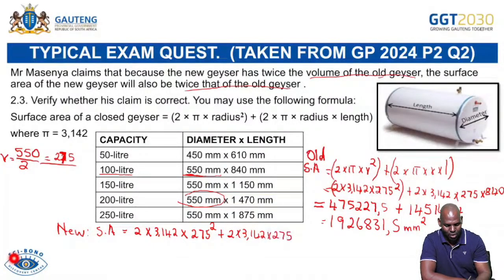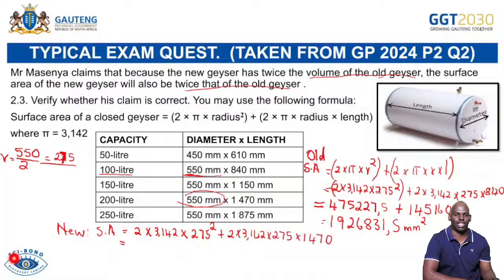So the difference now is the length. The length is 1470. If I calculate each part, please use your calculator as well, because most of you actually did not do well in this question.